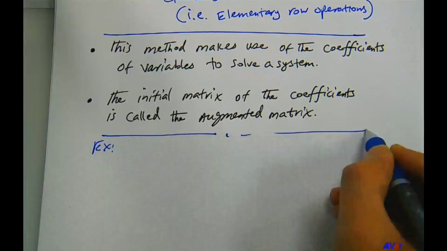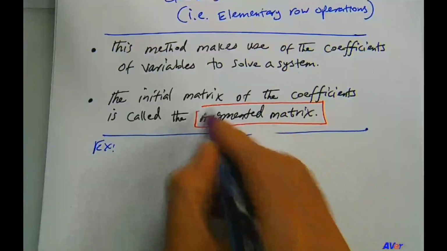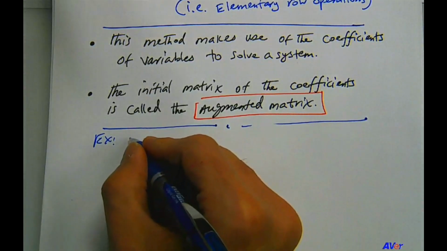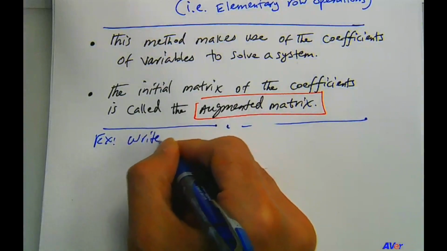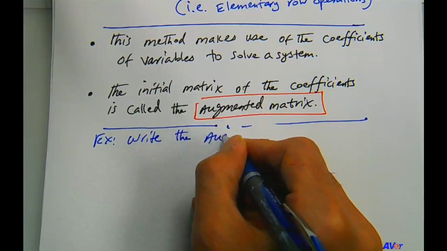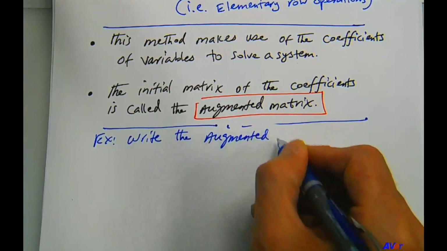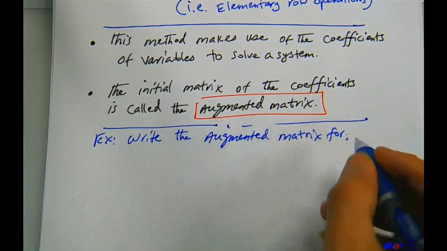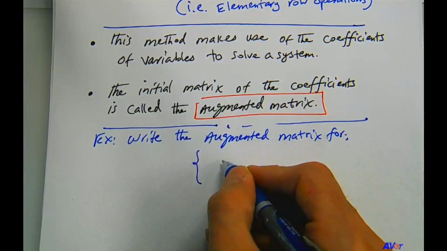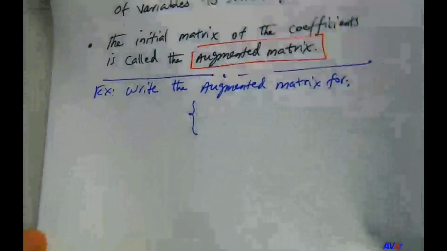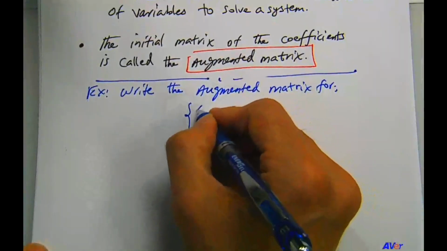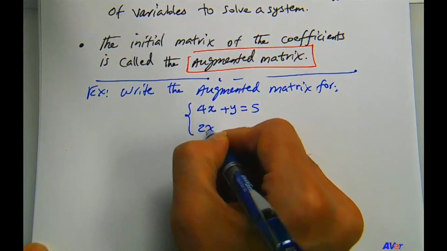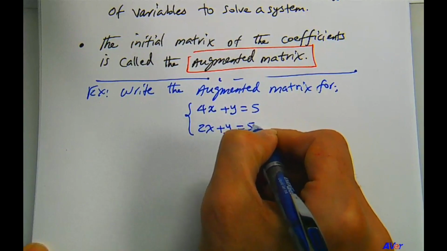Suppose we have this system, and we want to write the augmented matrix for this system, which is 4x, like that.